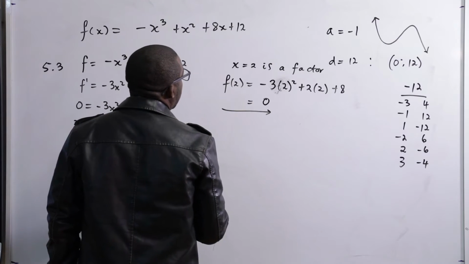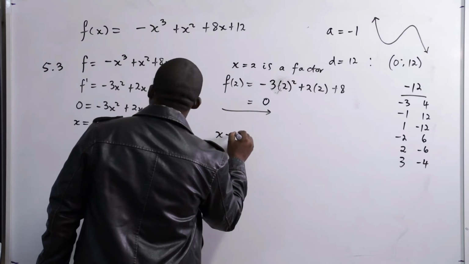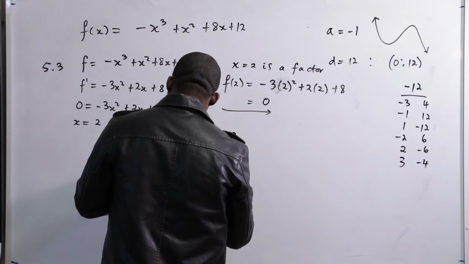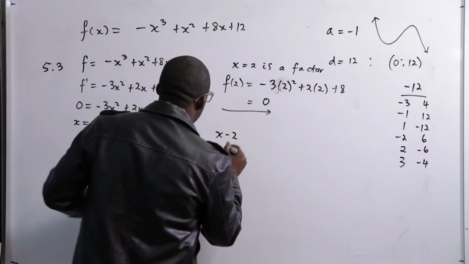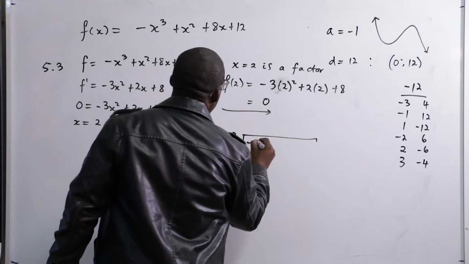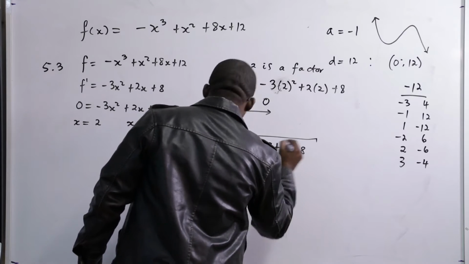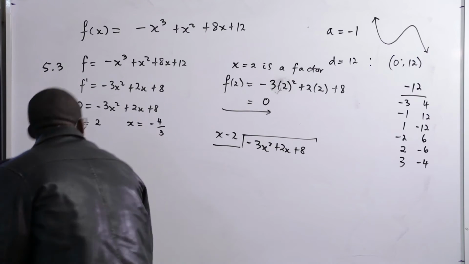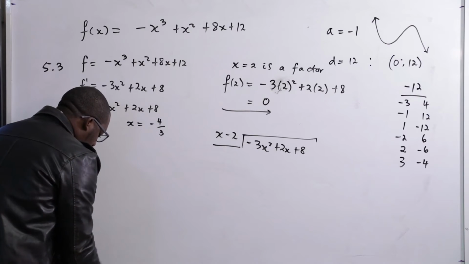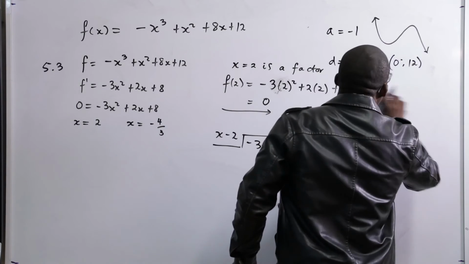If it is a factor, thereafter, we're going to then say x minus 2 divided into that using the remainder theorem, minus x cubed minus 3x squared plus 2x plus 8. We follow 3 key steps. The first step is division.